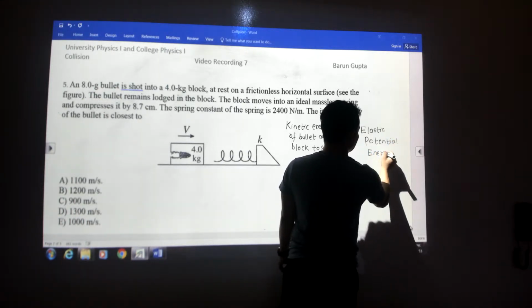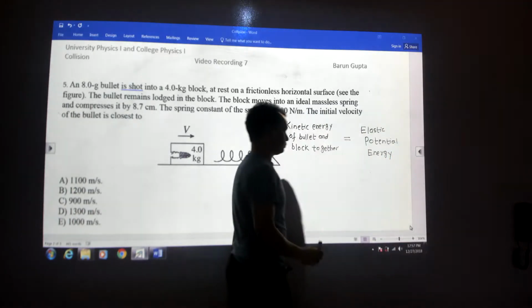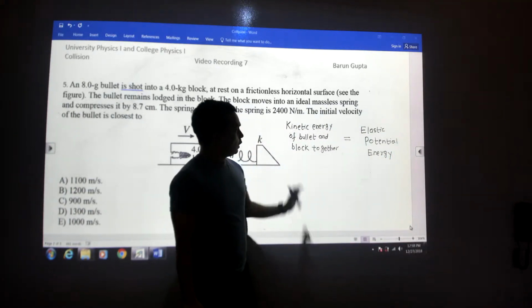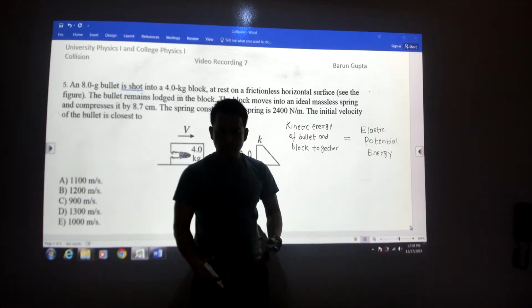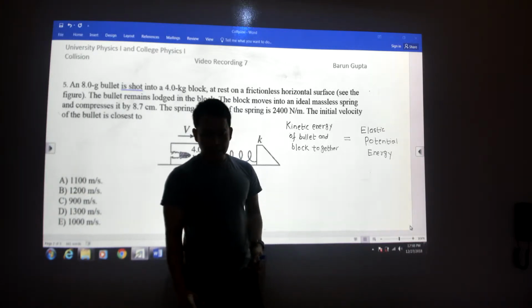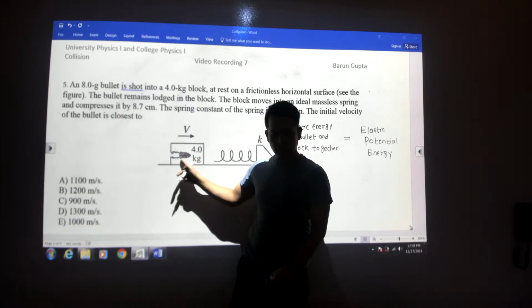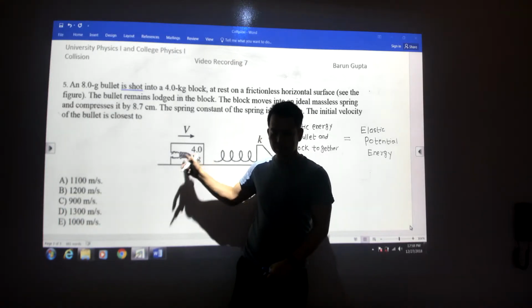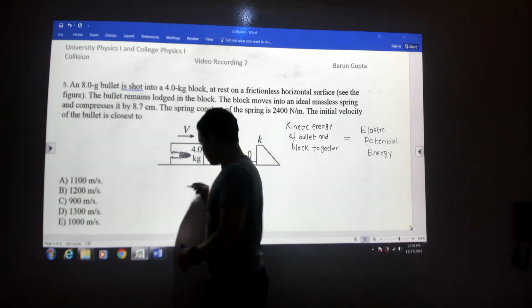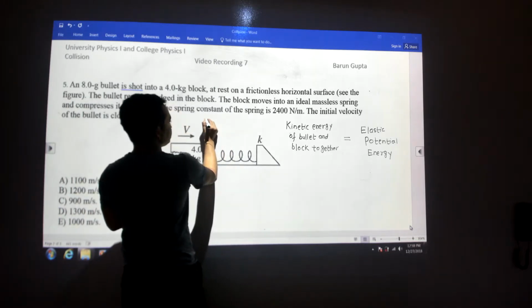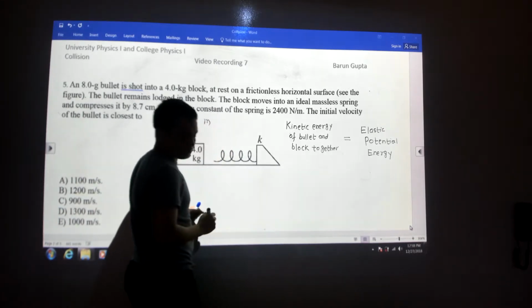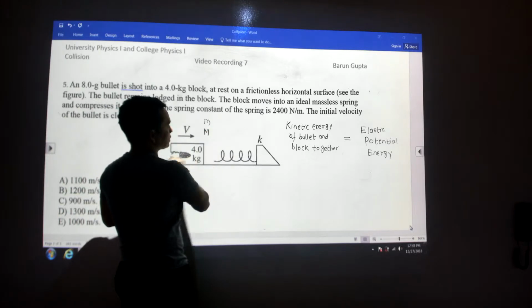What is the kinetic energy? You know, half mv squared. In this case, you have two masses, the mass of the bullet and the mass of the block. So just keep that in mind. I'm considering the small m as the mass of the bullet, and the capital M as the mass of the block.